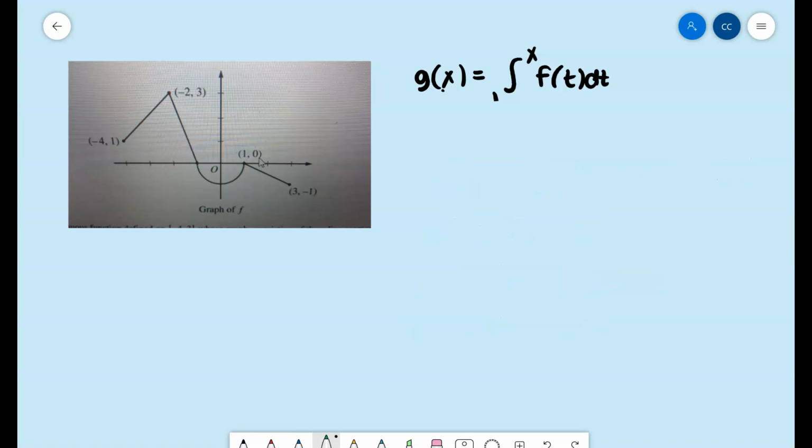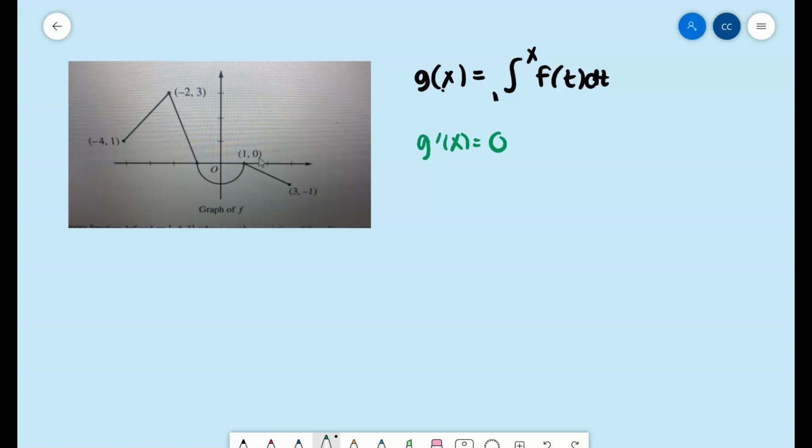All right, so part C says find the x-coordinates of each point at which the graph of g has a horizontal tangent line. So let's first review where horizontal tangent lines occur. Horizontal tangent lines occur when the derivative is equal to 0.